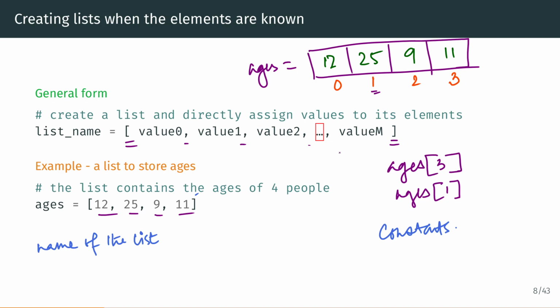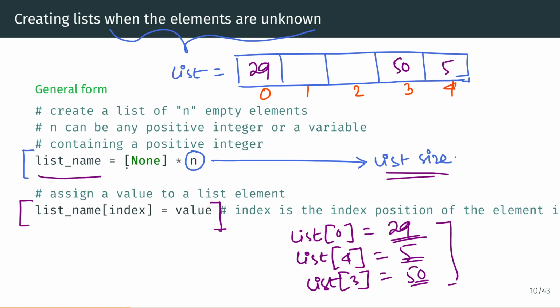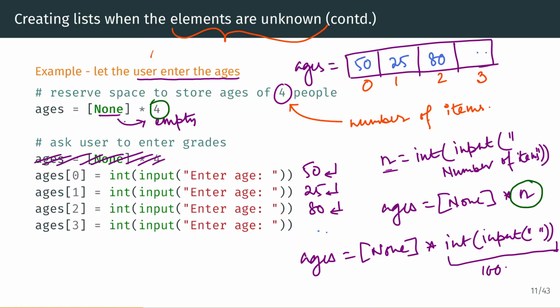The other way is if the values are not known beforehand, we can create an empty list. We can reserve space for an empty list using this none keyword, and then for each of these indices, we fill the values like so. For each of the individual elements in the list, we store the values separately.